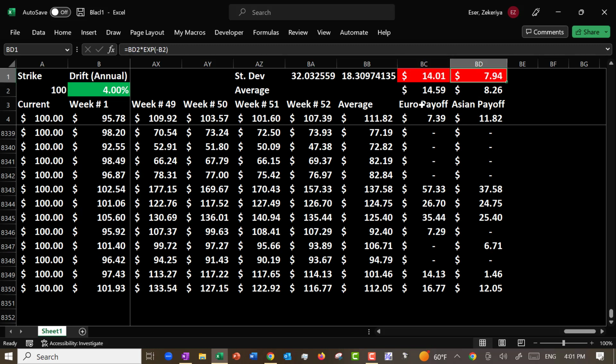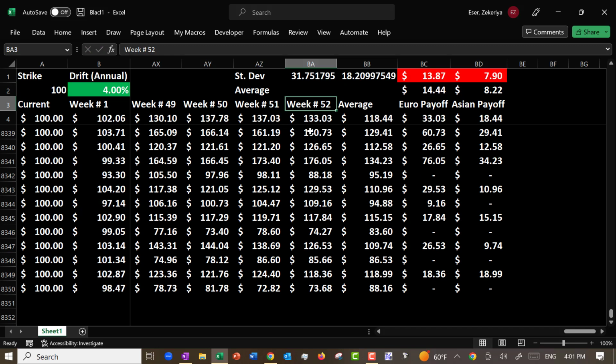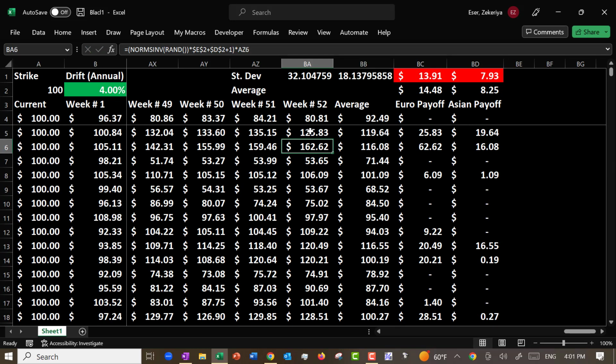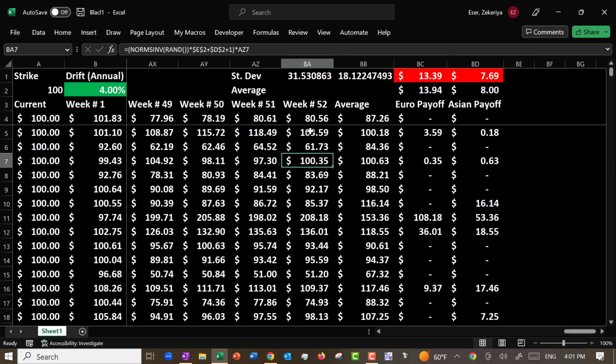Let's see, 14 over 794. When I recalculate the sheets, those numbers are not going to change as much. There is still some variation, but it's not that much.